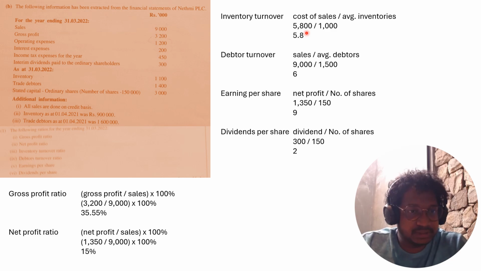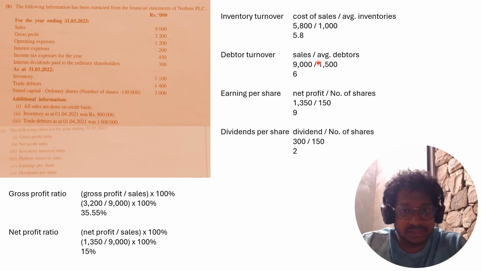For average inventories, the closing inventory and the opening inventory are given. Add opening and closing inventories and divide by 2. So your average inventories are 1,000. So your inventory turnover is 5,800 divided by 1,000, which is 5.8.